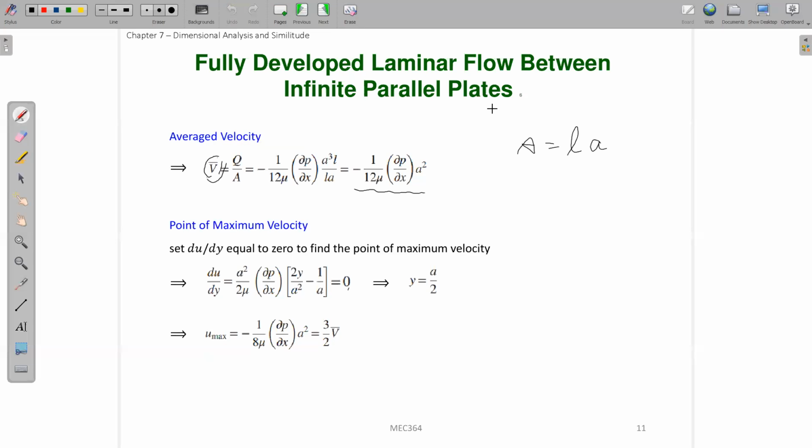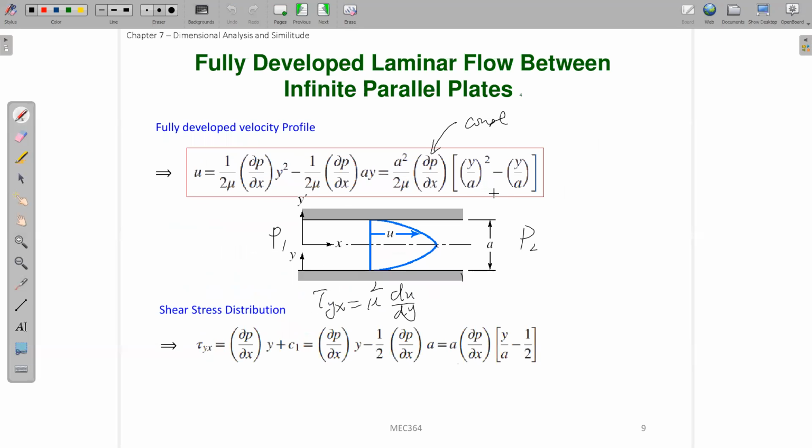You find that the maximum velocity u max will just be equal to this one. This result you get by substituting y equal to a over 2 into this velocity function.